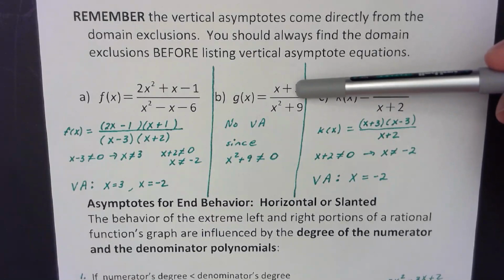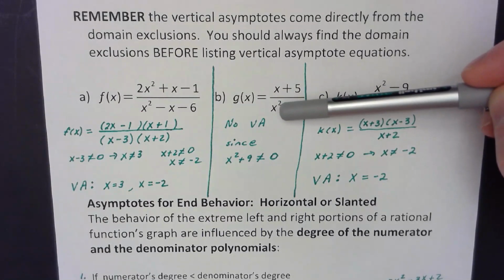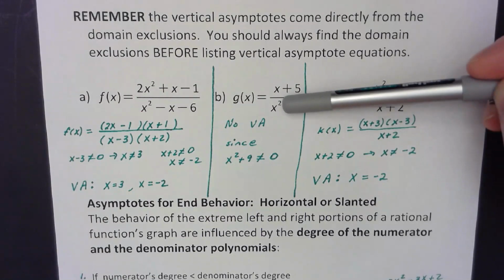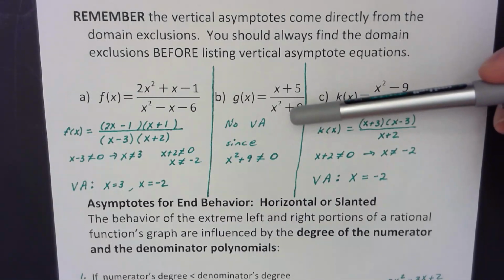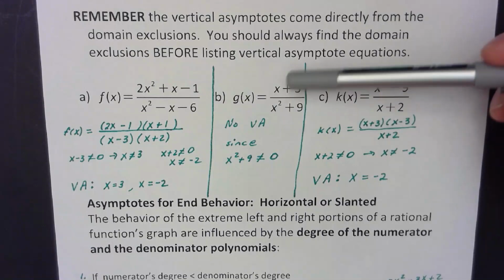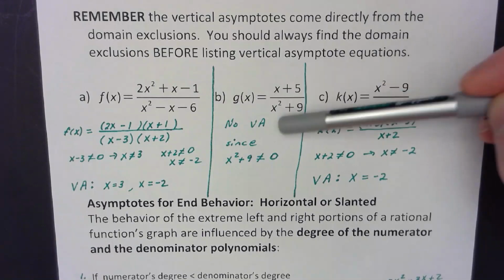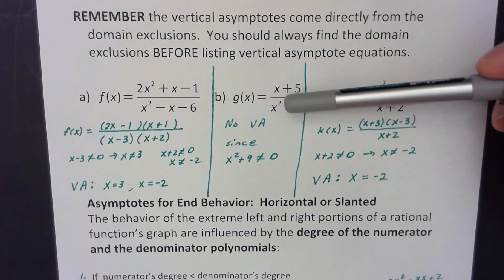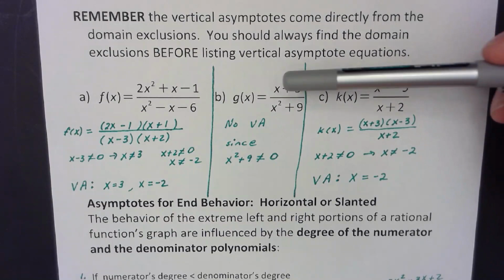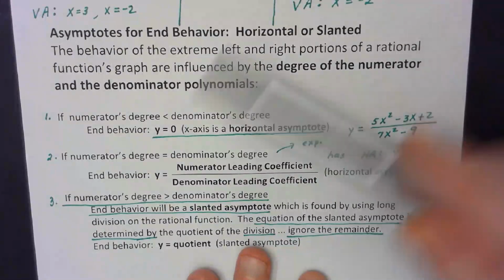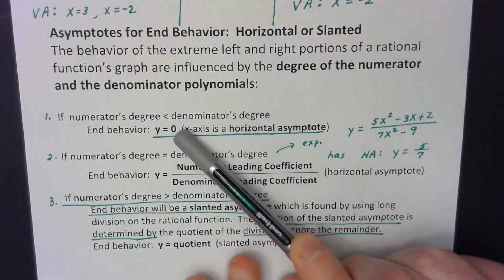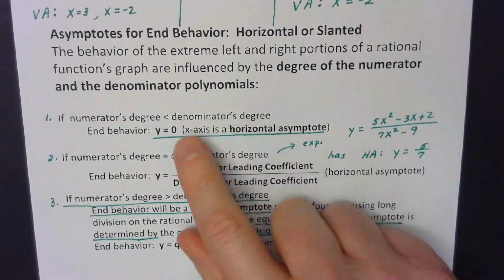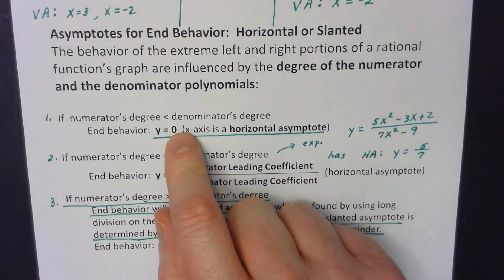Well, that's minuscule in comparison to your denominator, which would be 1,000,000 squared plus 9. So at x equals 1,000,000, the size of your denominator is essentially 1,000,000 times larger than your numerator, which means your fraction goes off towards 0. Every single time, if the degree of the denominator is greater than the numerator, your horizontal asymptote is going to be y equals 0. And again, it's simply because your fraction gets small as x gets large.